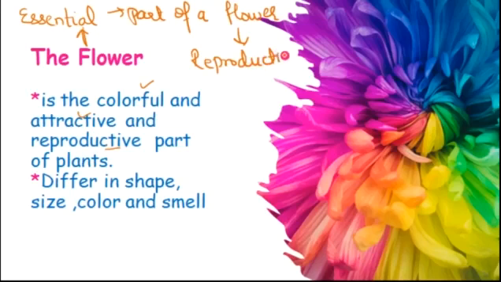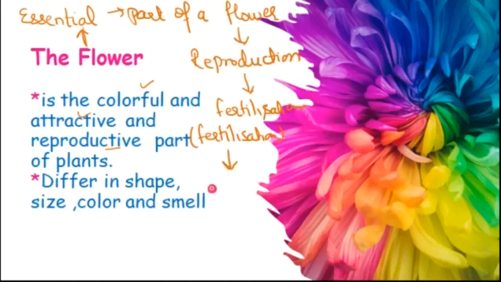After reproduction, after fertilization, the flower changes into fruit, and inside the fruit we have the seeds. So basically, the flower is essential because it is involved in reproduction.